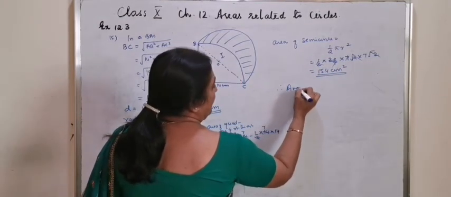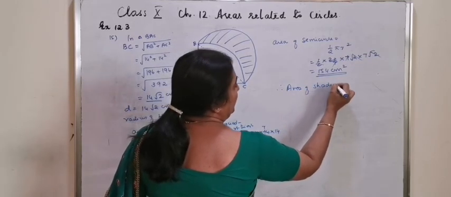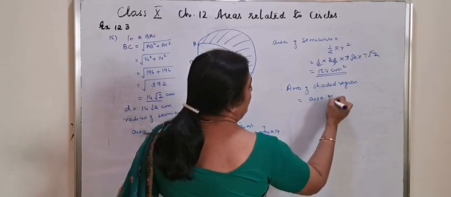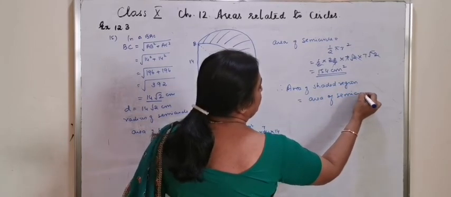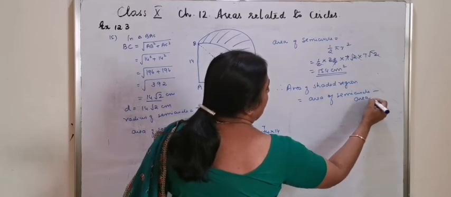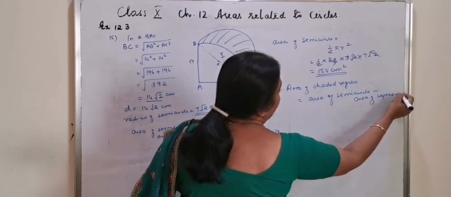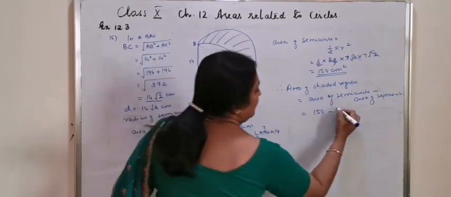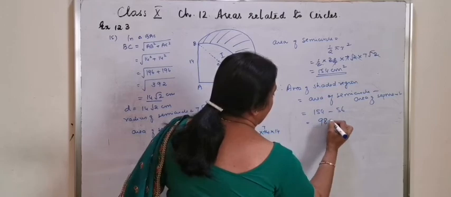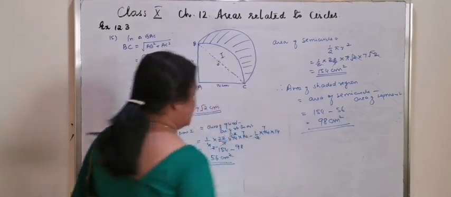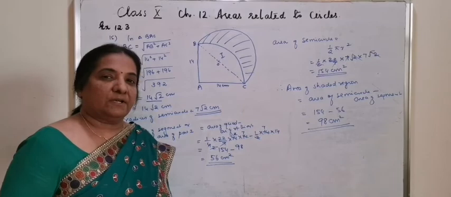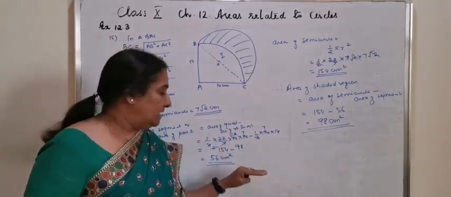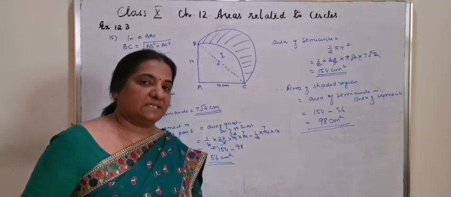Therefore, area of shaded region is equal to area of semicircle minus area of segment, which is 154 minus 56, or it is the same as 98 centimeter square. You can also do it together by taking common factor, but better if you proceed in different steps, it's easy to understand.